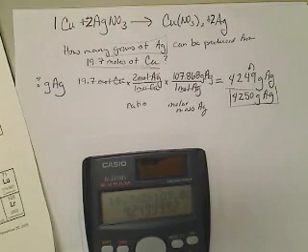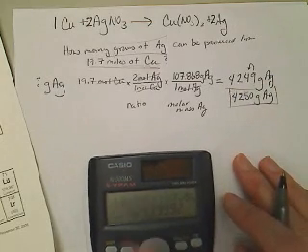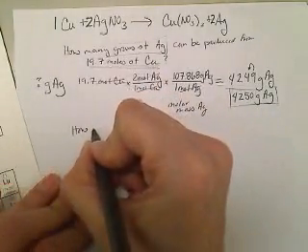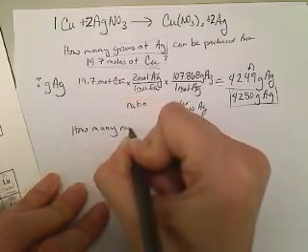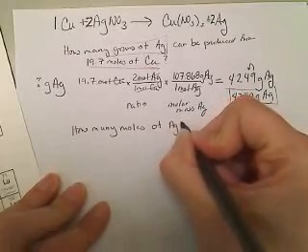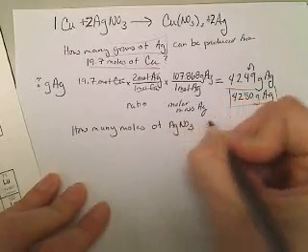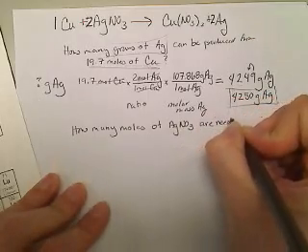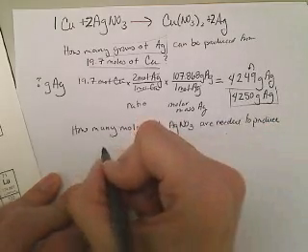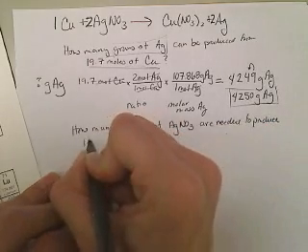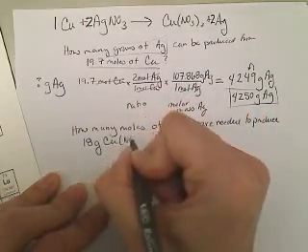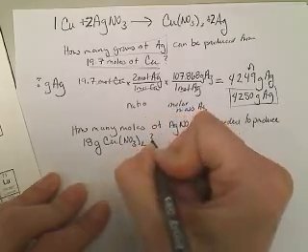Next step. So the next thing we need to do. Let's go to, what if you were given how many moles of silver nitrate are needed to produce 18 grams of copper 2 nitrate.